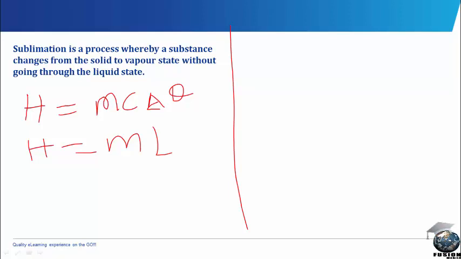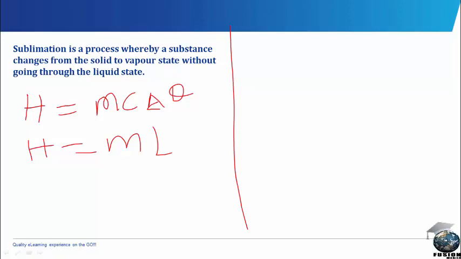And when we have a system where you heat up a body and it changes state and at the same time changes temperature, for example, if I have an ice block at 0 degrees and I heat it to water of 15 degrees, first of all, it changes from ice at 0 degrees to water at 0 degrees.